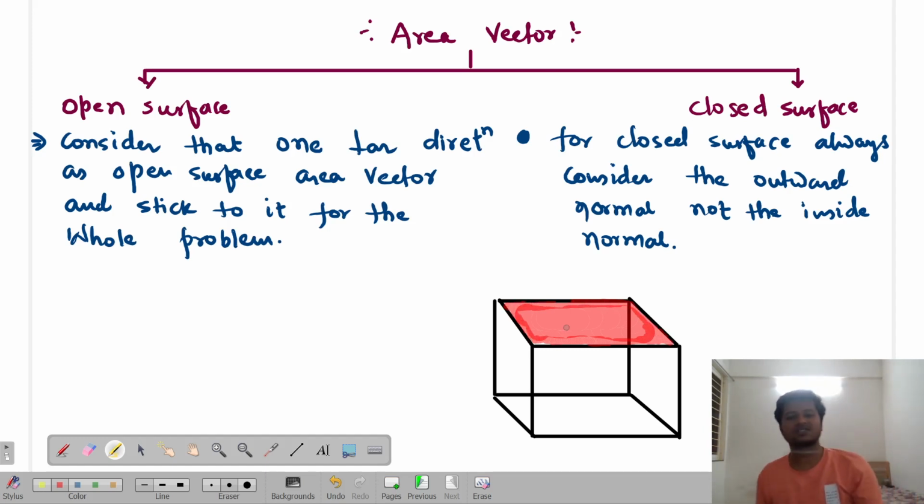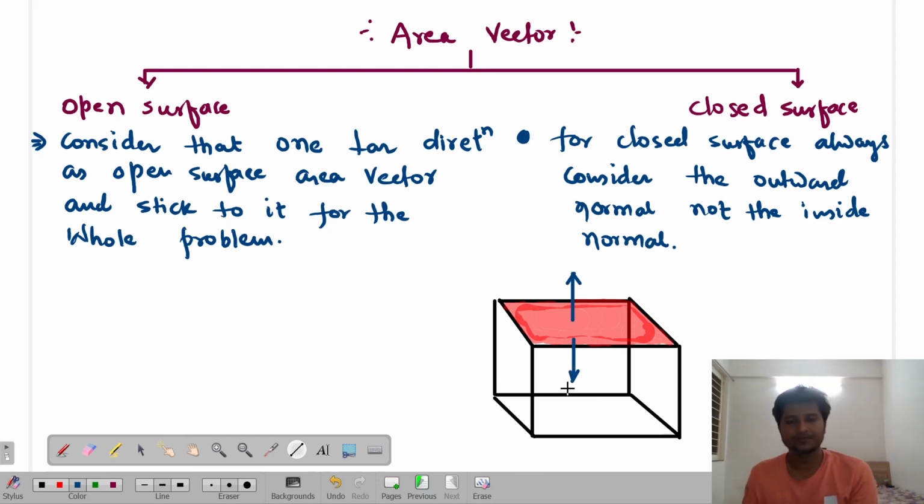One normal will be outward and another normal will be inside. So for these kinds of closed surfaces, you have to ignore the inside normal.